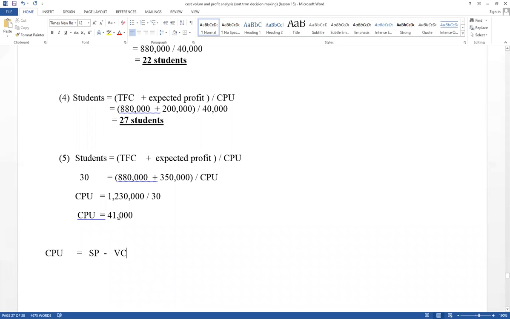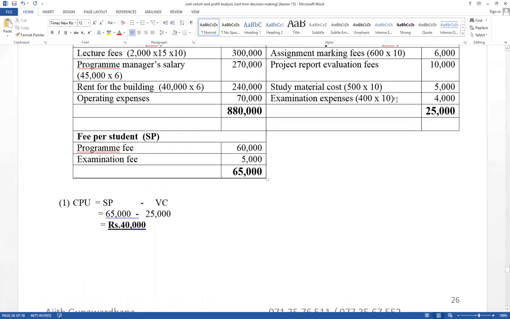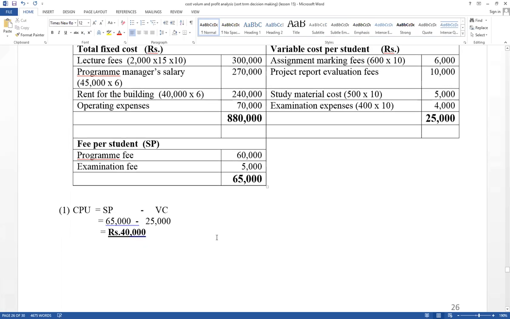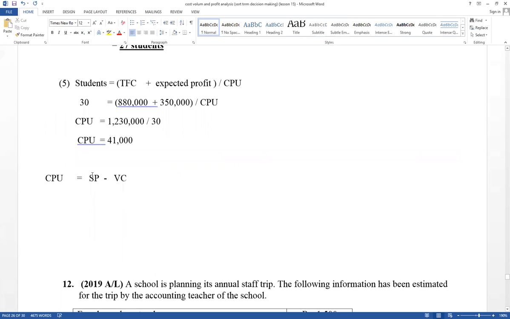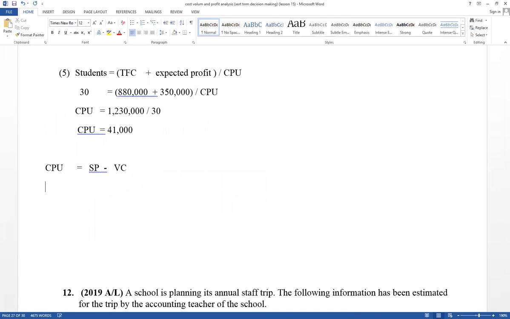Now we know the contribution per unit and the variable cost also is calculated. Variable cost per unit equals 25,000. Variable cost per unit does not change. Therefore, the selling price, contribution per unit we know.